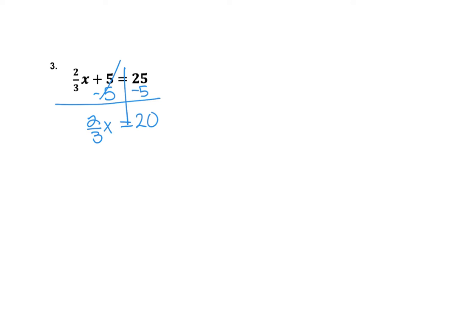Or remember, dividing a fraction is the same thing as multiplying by its reciprocal. So if I come over here and I multiply by 3 all over 2, all right, I'm going to cross simplify here. All right, so 10 times 3 is 30 all over 1, so x is equal to then 30.